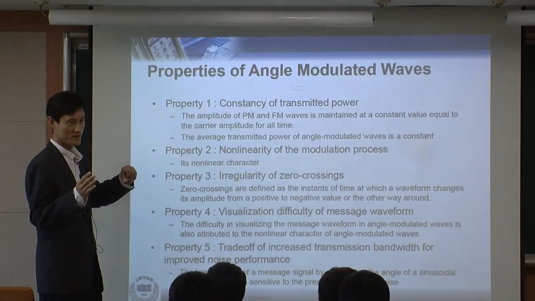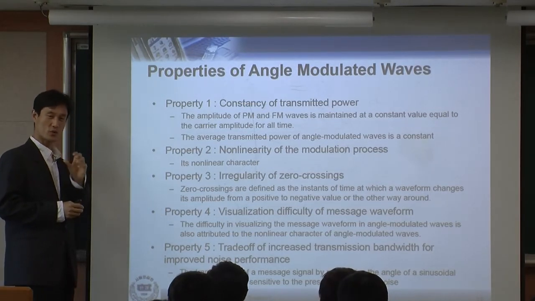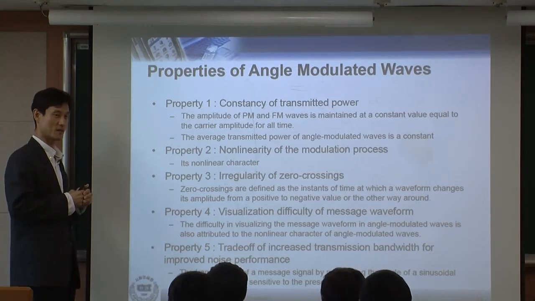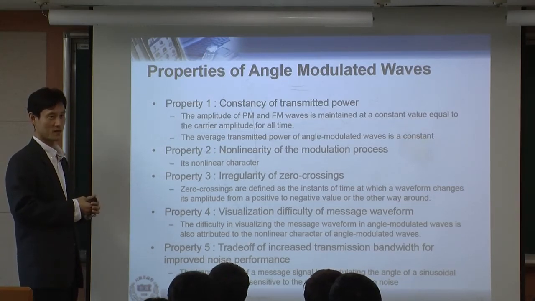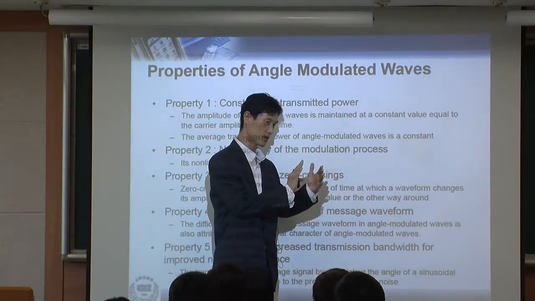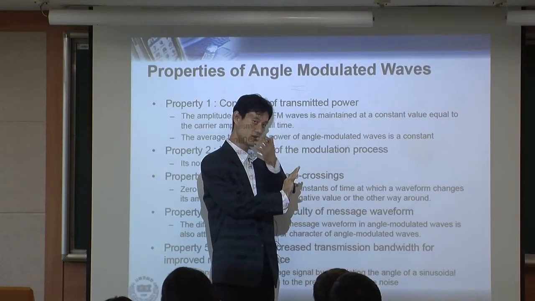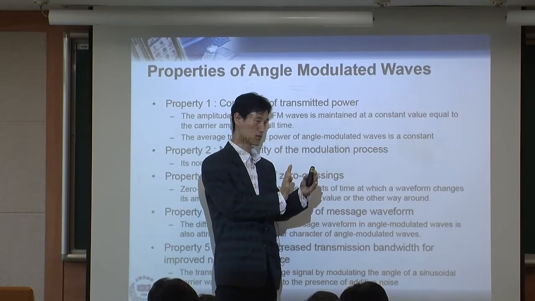It's bad. Why? Remember the single sideband. What was the reason that we want to do single sideband? Double sideband is simpler. Then why do you want a single sideband? Because we want to reduce the transmission bandwidth into half. Single sideband uses only half of the bandwidth.